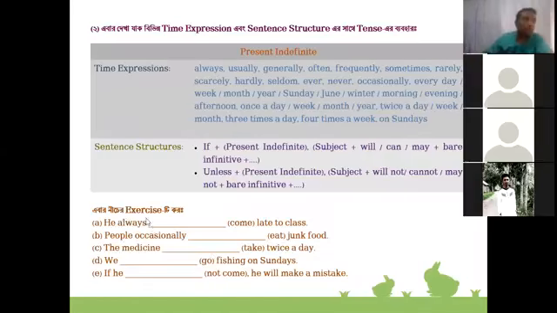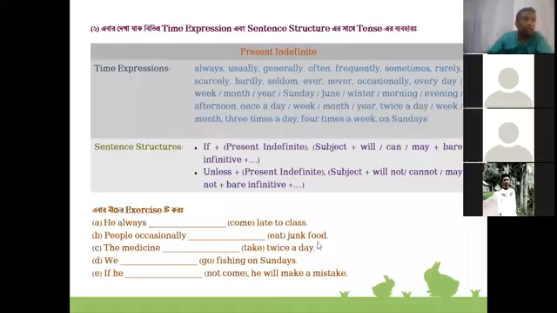Here we can see always, so we should use the present indefinite tense. We can see occasionally in B, so we should use present indefinite tense. We can see twice a day in C. We should use present indefinite tense.